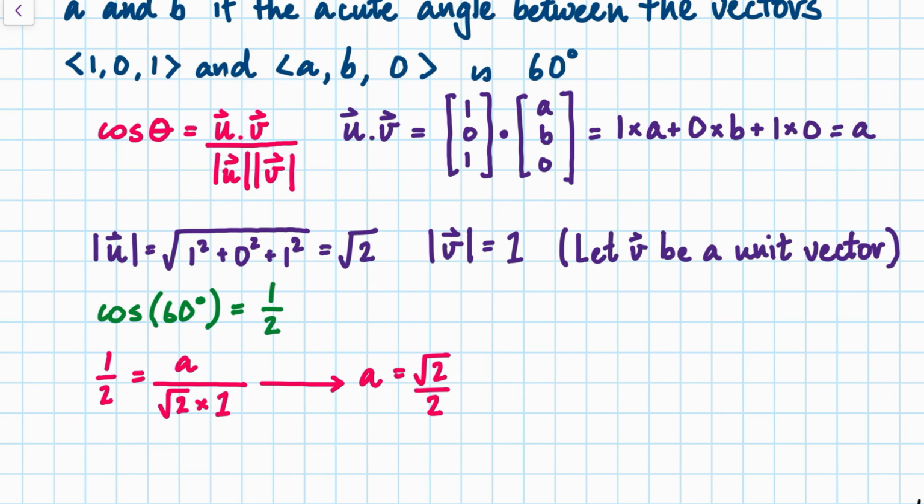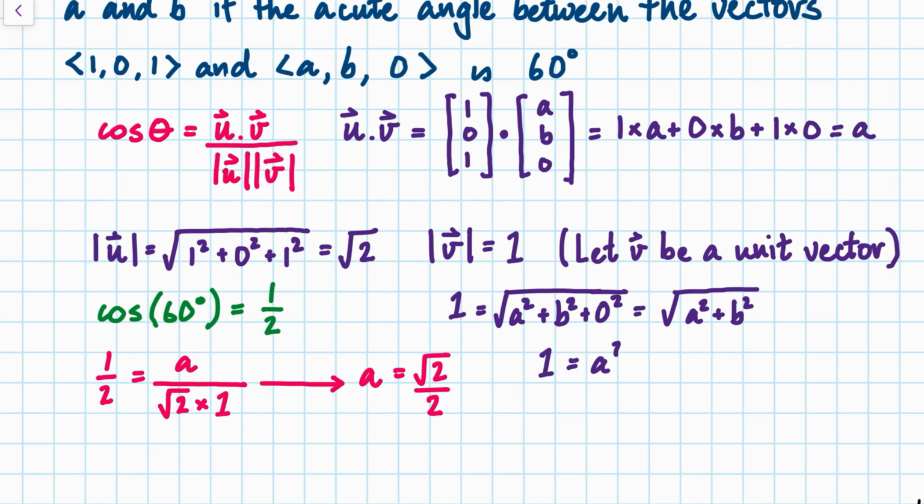If the magnitude of v is equal to 1, we can also say that 1 is equal to the square root of a squared plus b squared plus 0 squared, which is equal to the square root of a squared plus b squared. I'm going to square both sides, and as a result, we still have 1 equal to a squared plus b squared.